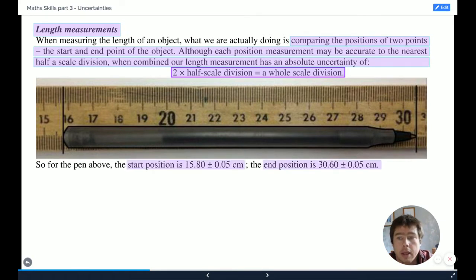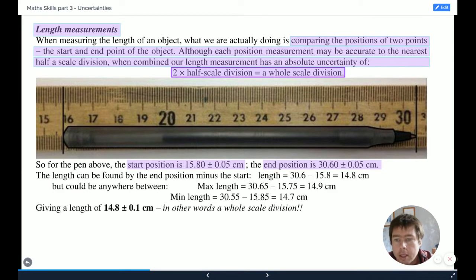So here, if we have a look closely, the start position is 15.8 plus or minus 0.05 centimetres. I've done this in centimetres, or 158 plus or minus 0.5 millimetres. The end position is 30.6 plus or minus half a millimetre.